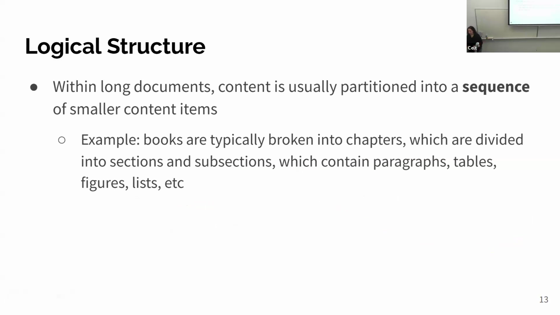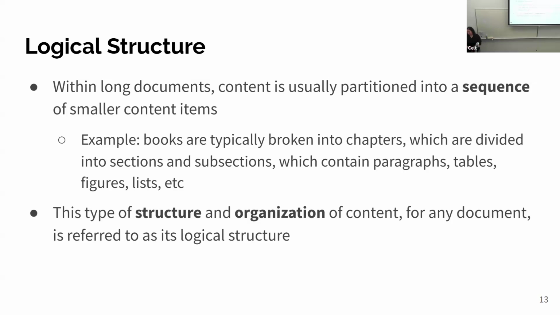Sections are divided into subsections, and they each contain paragraphs, tables, figures, lists, etc. So that's one way of partitioning content into smaller content items. This type of structure and organization of content for any document is referred to as its logical structure.